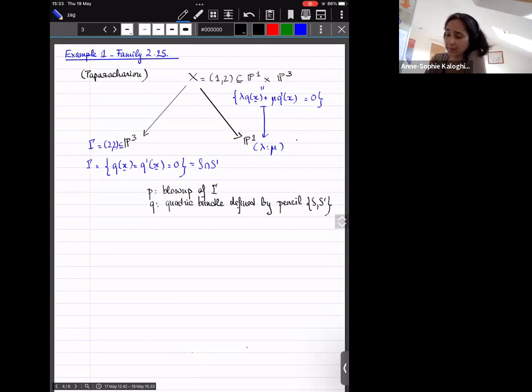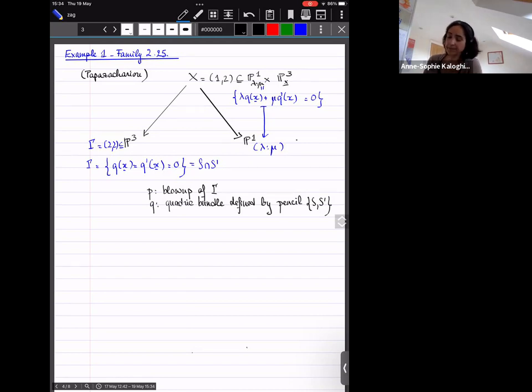And then the corresponding pencil of quadrics is a hypersurface in P1 cross P3 with equation lambda Q of X plus mu Q prime of X equals 0, where lambda and mu are coordinates on P1 and X is the coordinates on P3. So this is the picture that is given to us by the classification of Mori and Mukai.